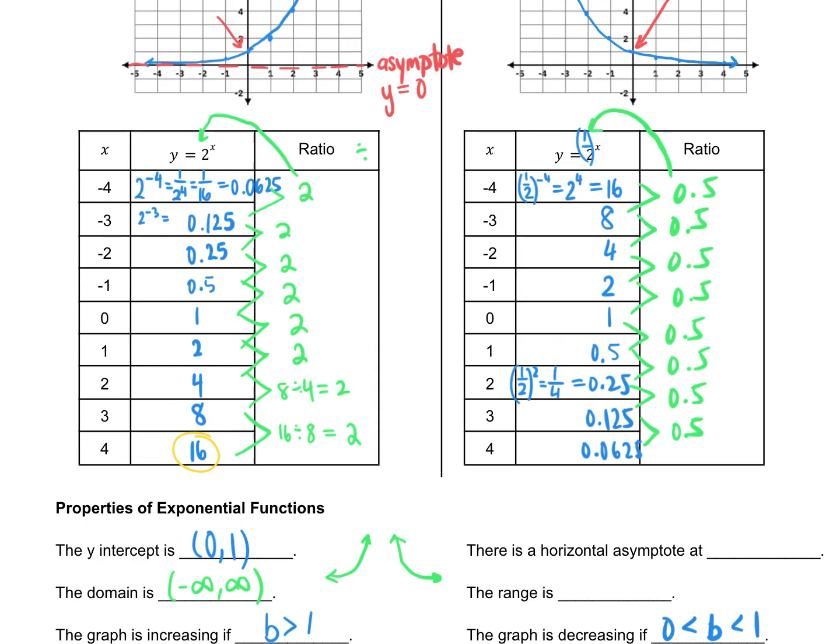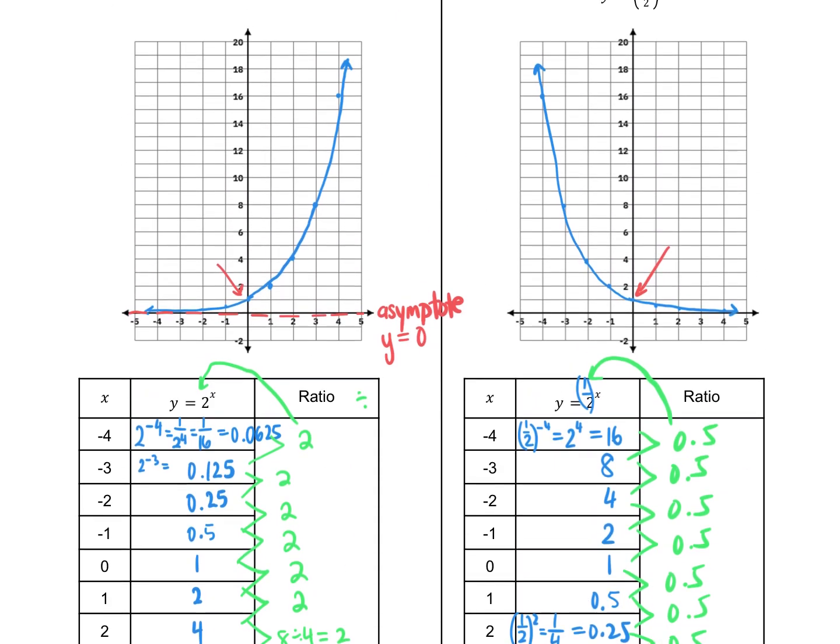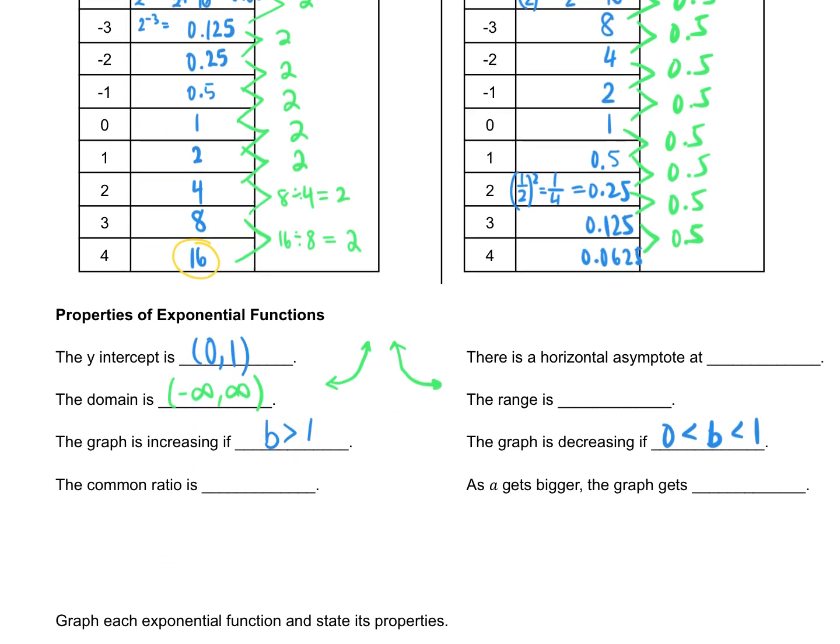Both of these functions had a horizontal asymptote on the x-axis because the function was getting closer and closer to the x-axis, but we never actually went through or touched it. So the horizontal asymptote is always going to be y equals 0 for the parent or the base exponential function. The minute there's some sort of shift or some other transformation potentially, that asymptote will move. But specifically, if there's a vertical shift, then the asymptote will move.